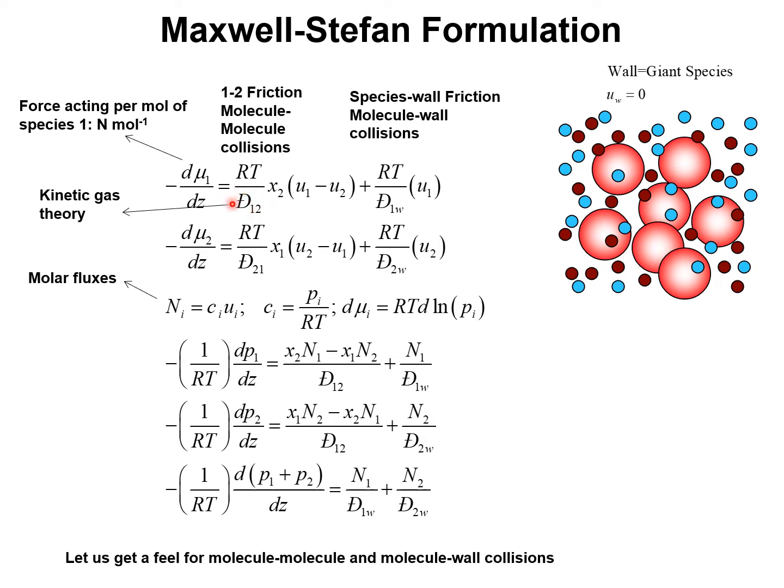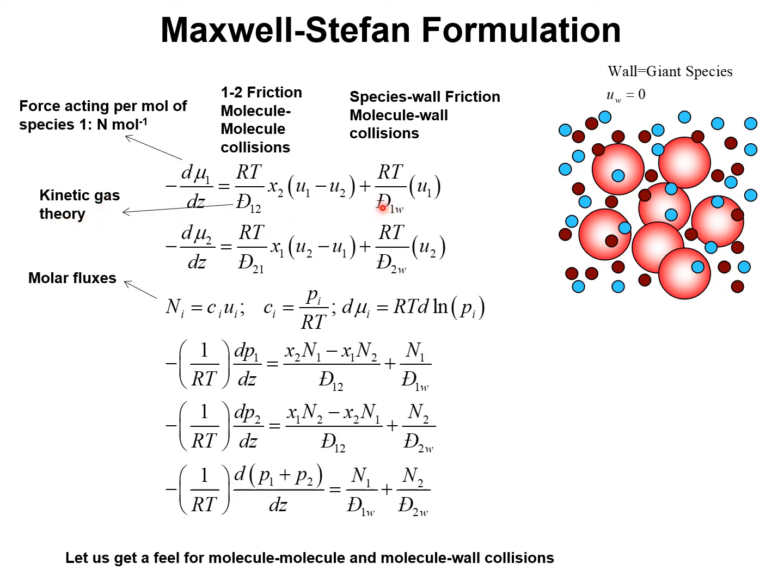The Maxwell-Stefan diffusivity D12 has the physical significance of an inverse drag coefficient. For an ideal gas mixture, this coefficient can be predicted to a high degree of accuracy from the kinetic gas theory.